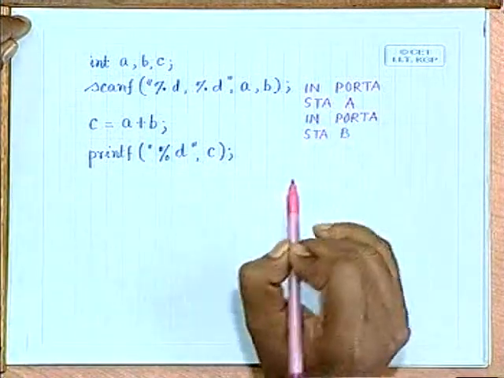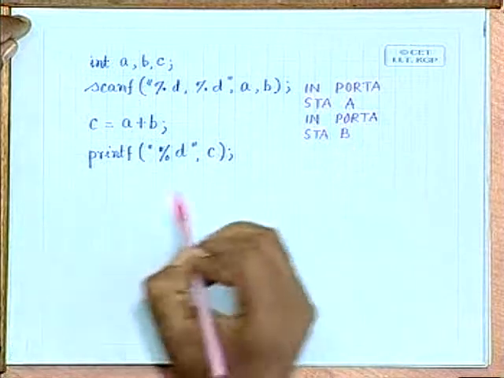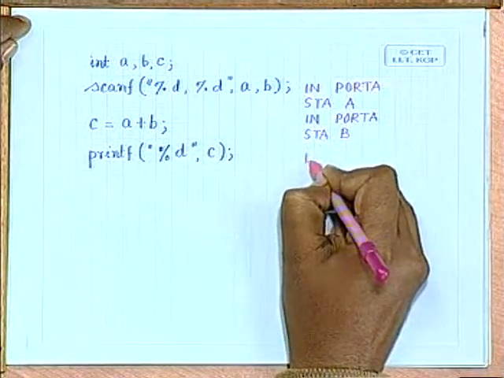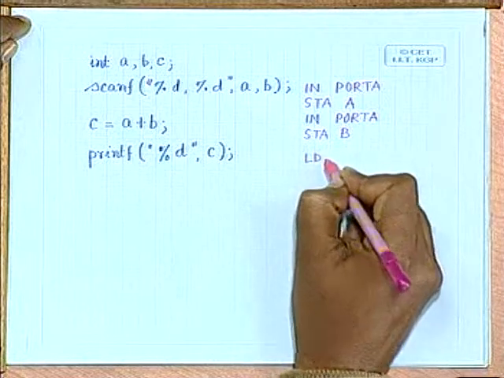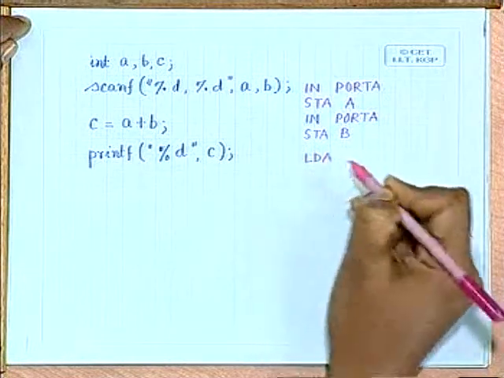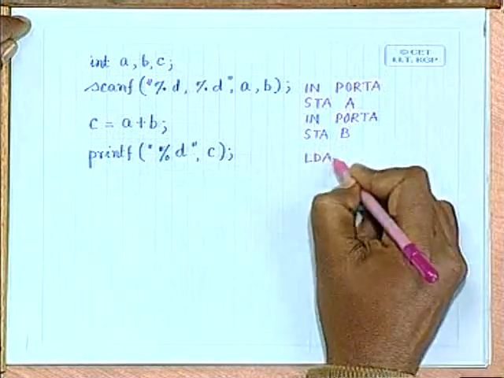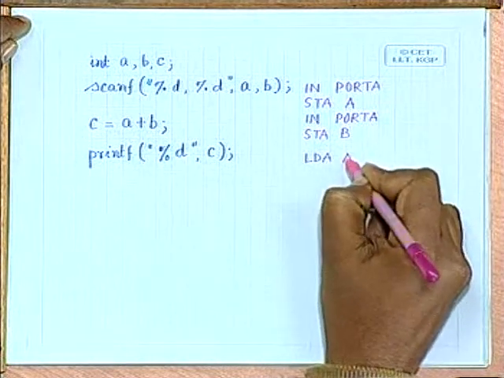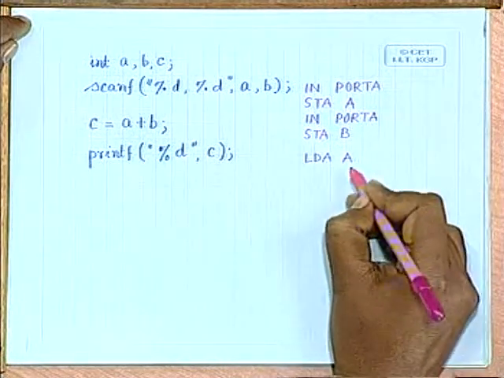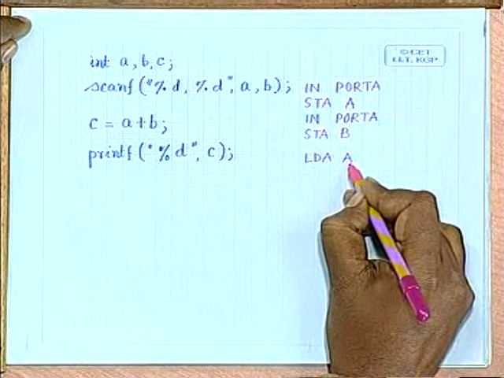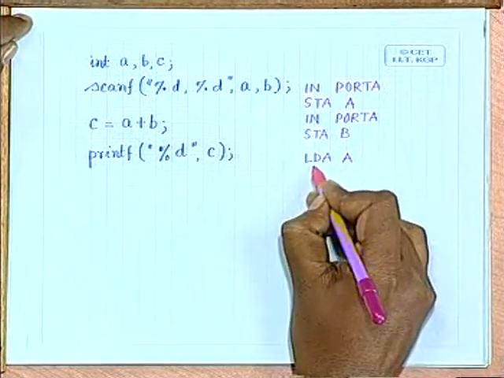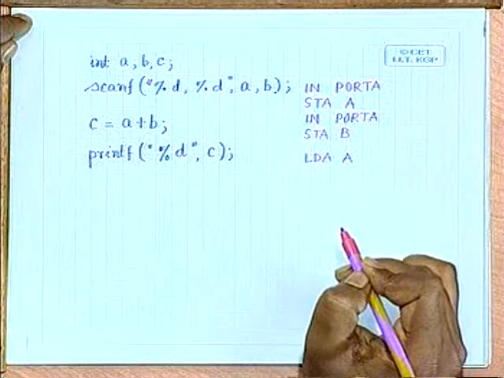So, to read the values of these variables from the memory, the operation which is performed is load from the memory location into the accumulator of the computer. So, we will put it as LDA A. From the memory location which is assigned to variable A, the data will be read in and put in the accumulator of the CPU of the computer.